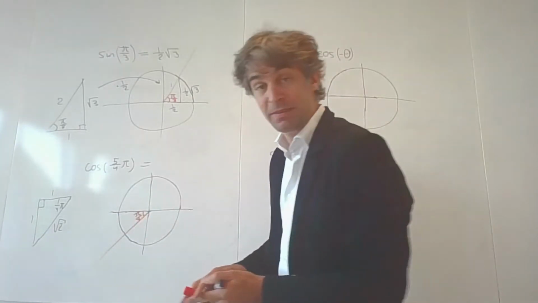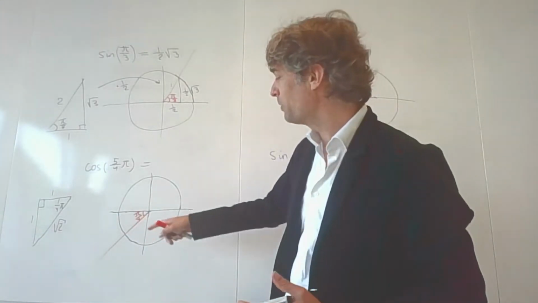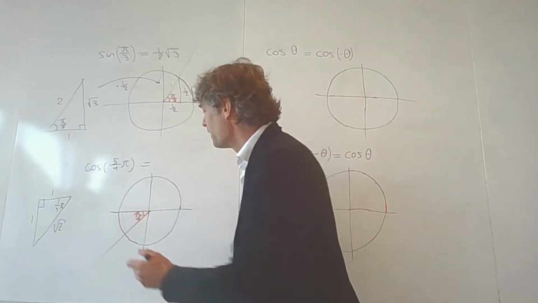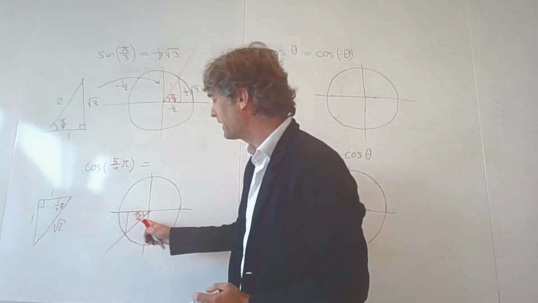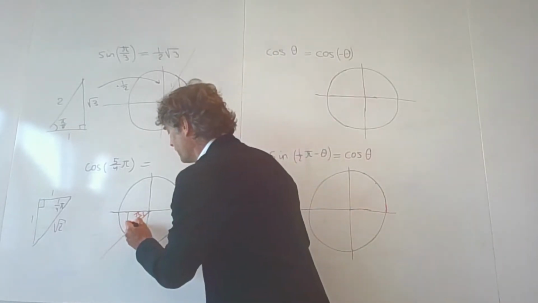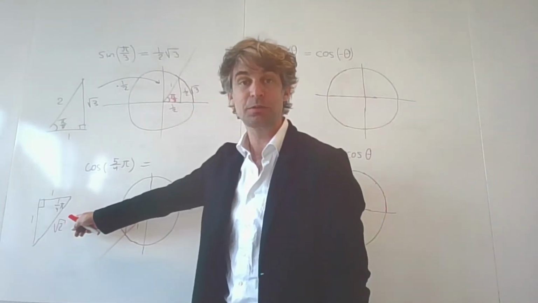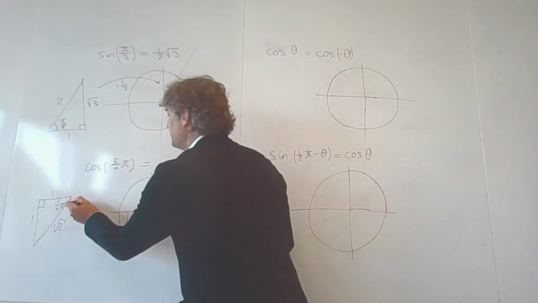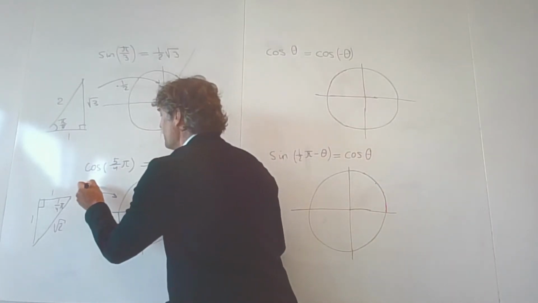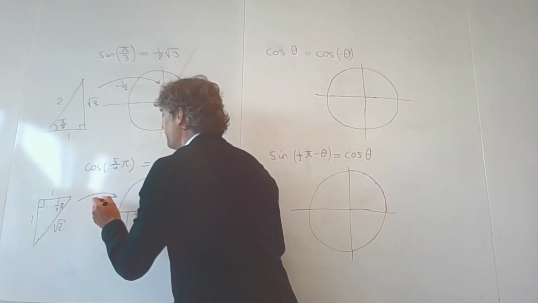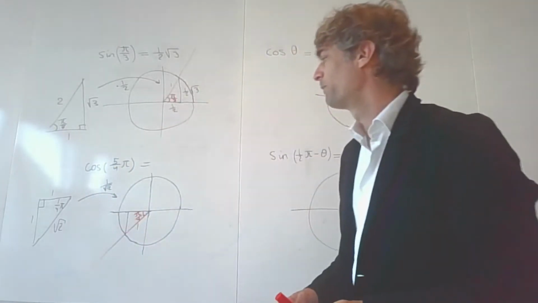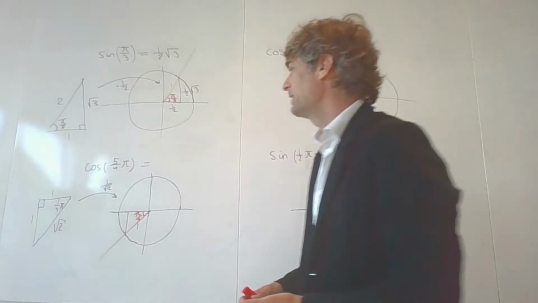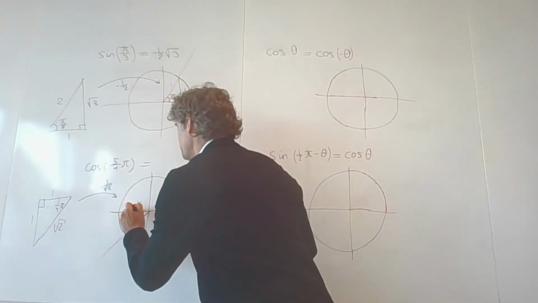Now I draw my special triangle because I recognize the angle, and it's here. But I have the same problem because this side I know has length 1, whereas here it's the square root of 2. So again, I need to shrink it so it fits in. I have to multiply by a factor of 1 over the square root of 2. So that gives me here 1 over the square root of 2.